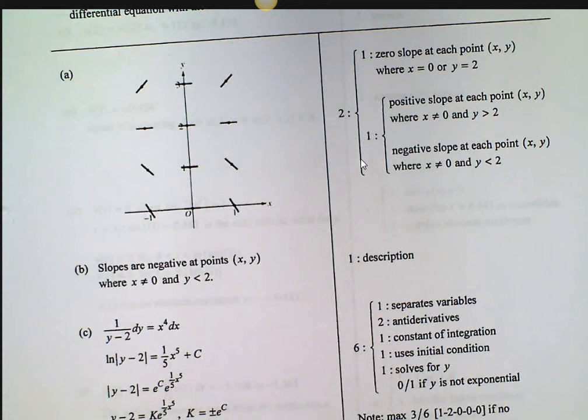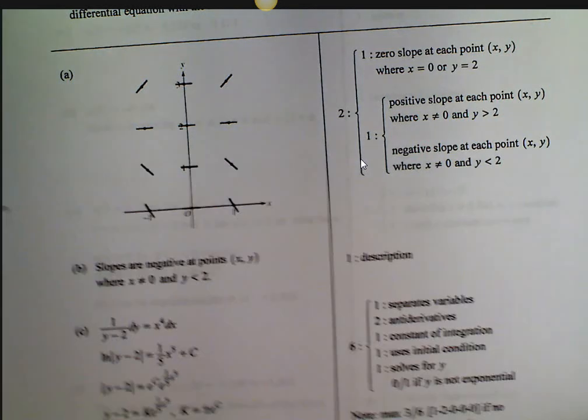And x is not 0. So x is not 0, y is less than 2. You just got 1 point for that. See, look at C, it's worth a lot.